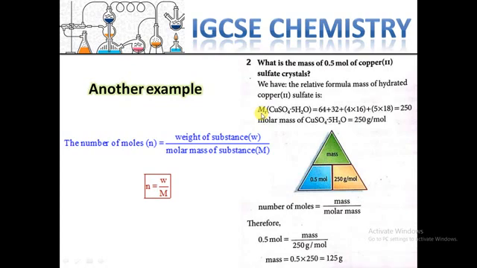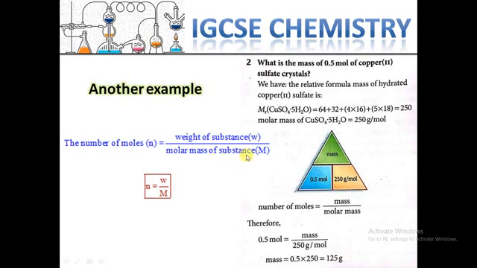As we learned before, we can calculate the molar mass of copper 2 sulfate, which is 250. Okay, 250 gram per mole. This is the unit of molar mass, this one.